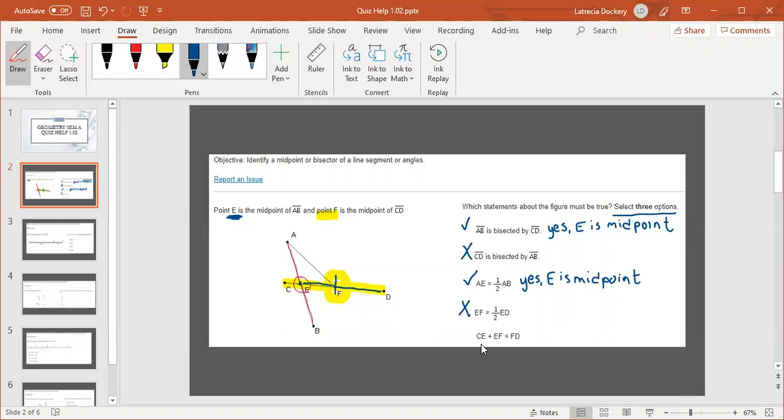All right. And lastly, CE plus EF equal FD. All right, CE plus EF, whoops, let's see if I can figure out how to erase that.